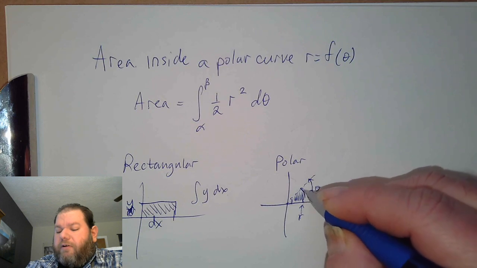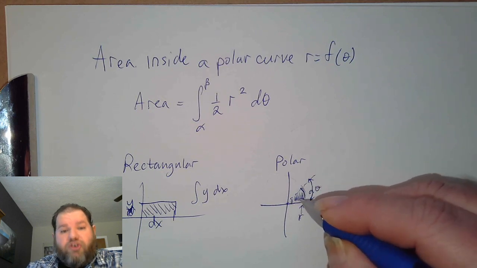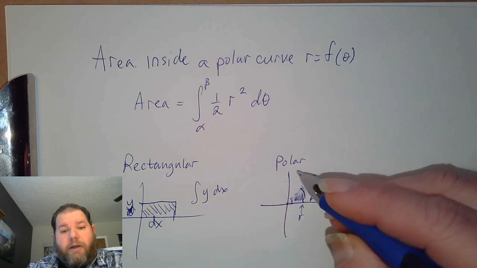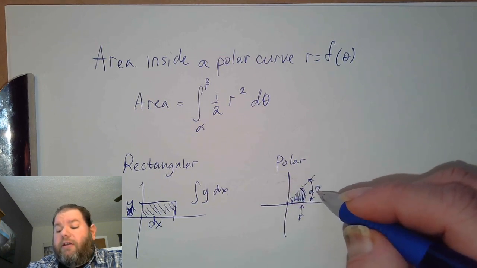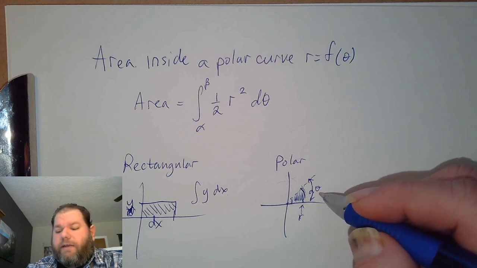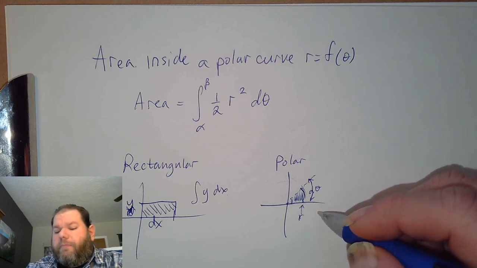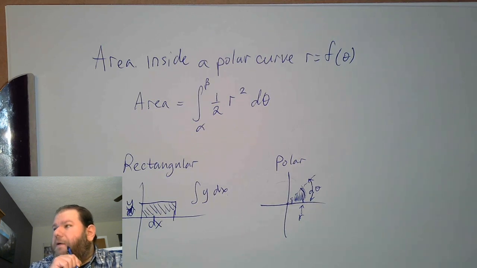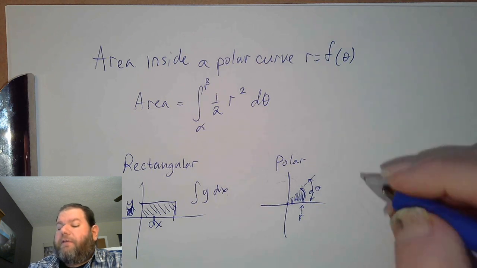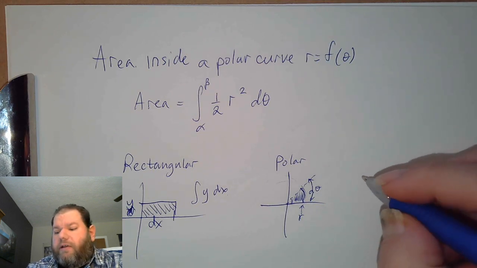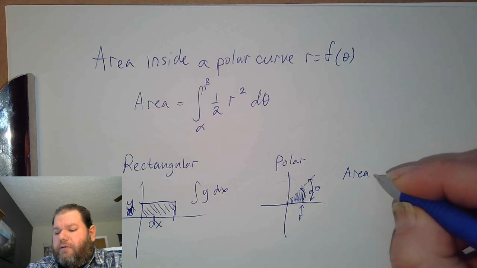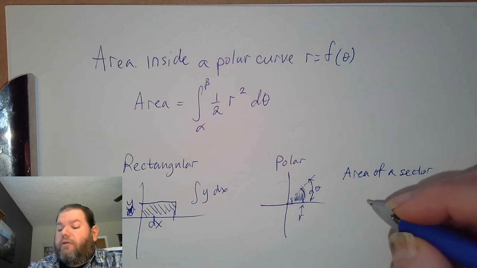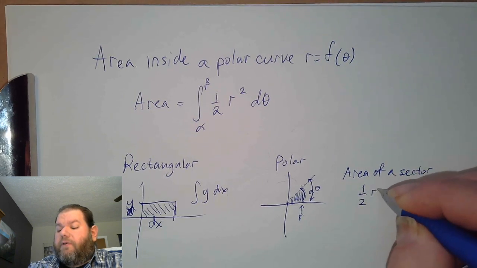We have this arc and we have this region. So we know the area of the full circle is pi r squared, and d theta is just whatever fraction of the circle that we have. The area of a sector is 1/2 r squared theta.